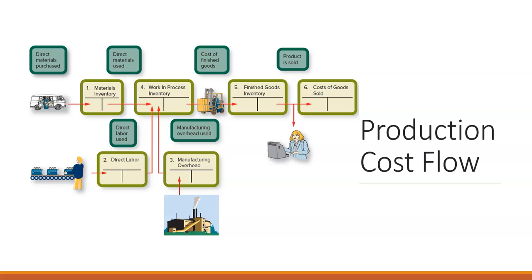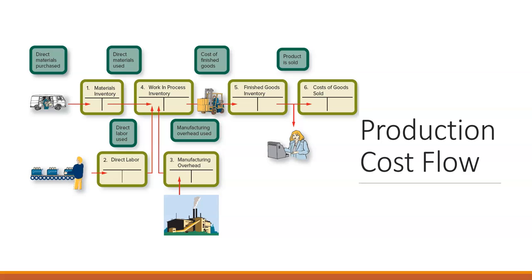When we have direct labor, we're going to add that direct labor to the work in process inventory when we record payroll for assembly line workers. When we record our manufacturing overhead for the cost of those items, we're going to record that in the work in process inventory. When goods are finished, we transfer them out of work in process inventory and transfer them to finished goods inventory.